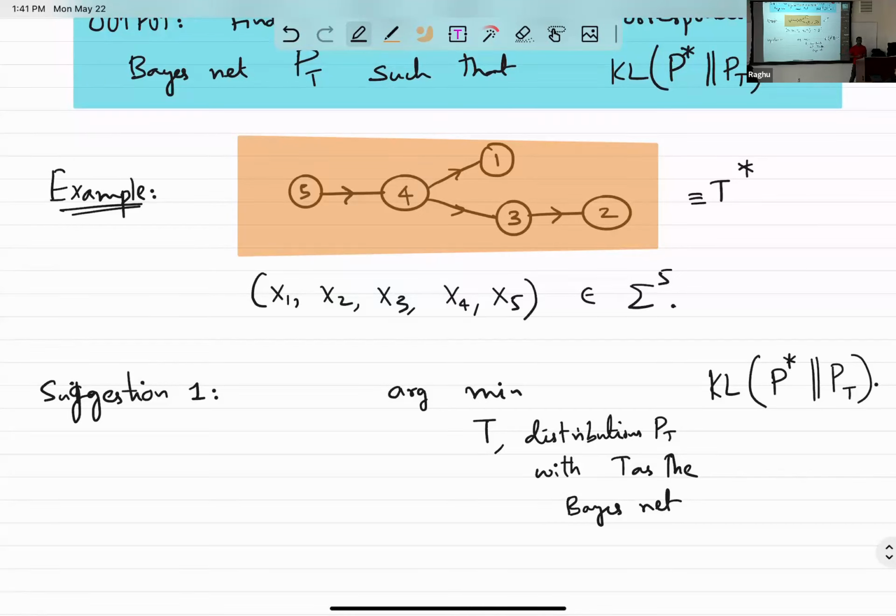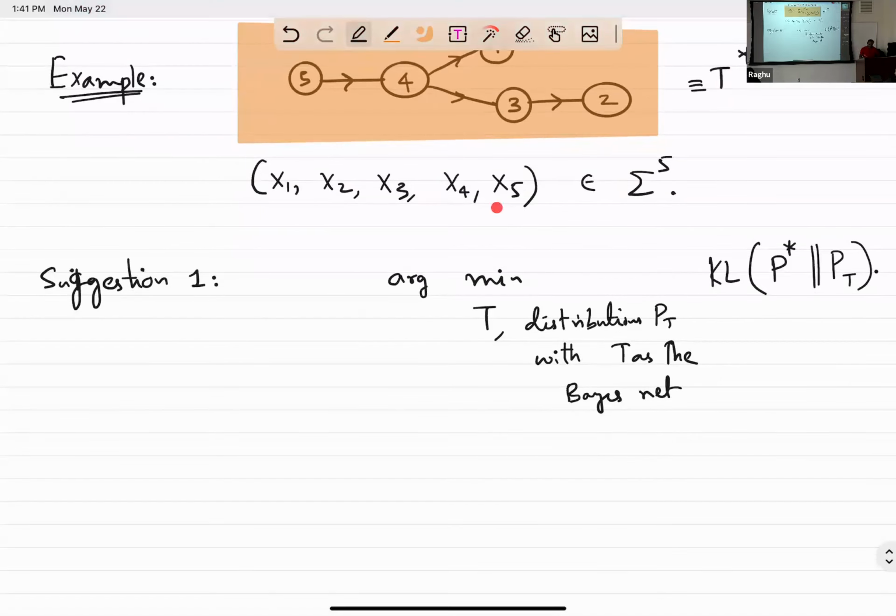It's not even clear how to approach it, given that we don't know what P star is. That's the whole problem. We only have empirical access to samples and nothing else. Any suggestions on how we might get around this or approach this?